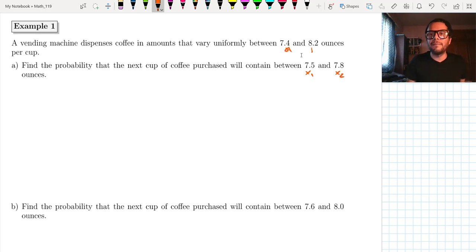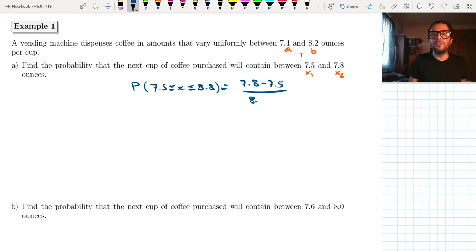This is going to be A and B. So we are going to write down our probability with random variable notation: 7.5 less than or equal to x less than or equal to 7.8. So x2 minus x1, which is 7.8 minus 7.5, divided by b minus a, which is 8.2 minus 7.4. Using our calculator, we should get 0.375. So that is the probability that the next cup would be between 7.5 and 7.8.